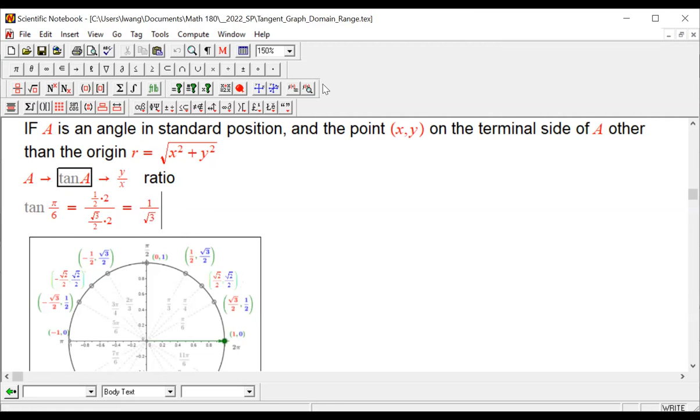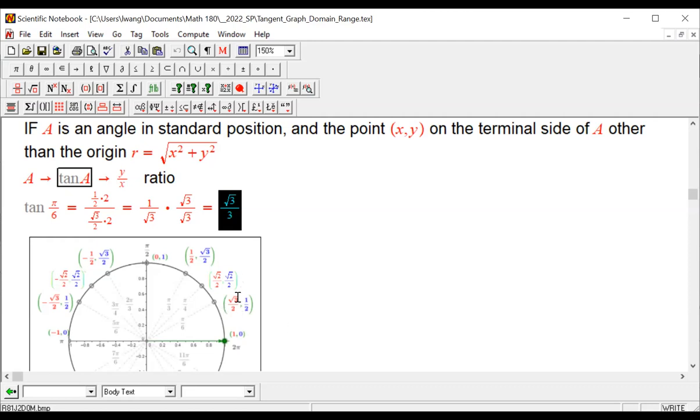And then to rationalize it, we're going to multiply by root 3 over root 3. Okay, as a result, 1 times root 3 is root 3. And root 3 times root 3 is root 3 squared, which is 3. So tangent of pi over 6 is root 3 over 3. See, we have input pi over 6. After the tangent function, we get output root 3 over 3.